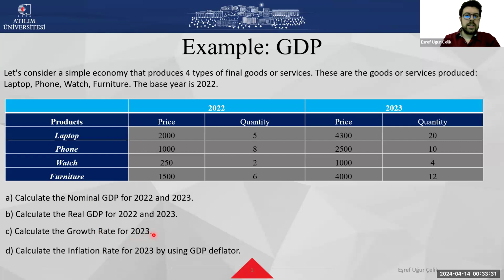Then I ask the inflation rate for 2023 by using the GDP deflator. Okay, let's start. And one more point: I give the base year, 2022. The base year is mostly related to the real GDP. We can see it in the real GDP calculation.